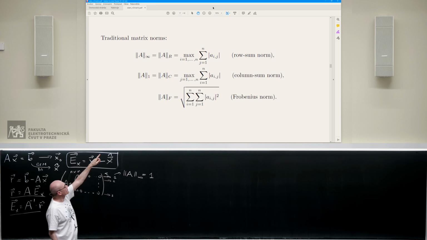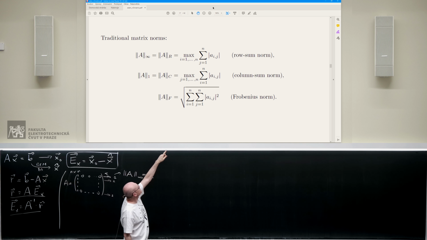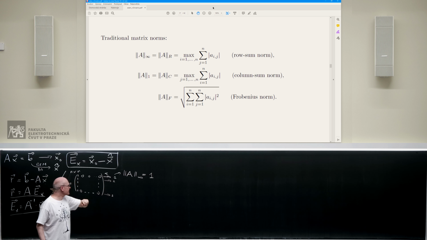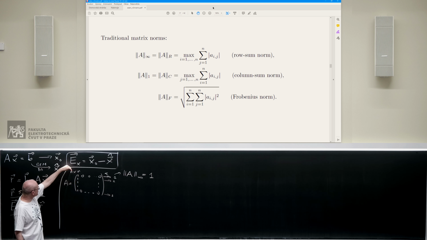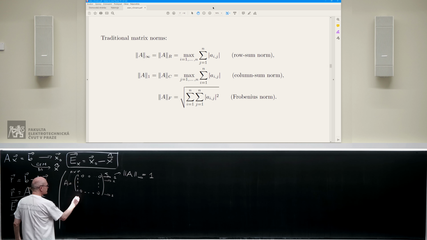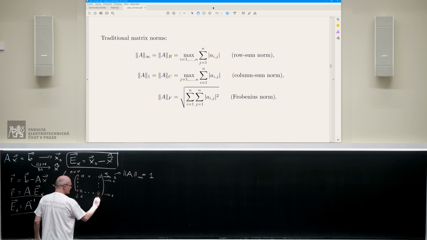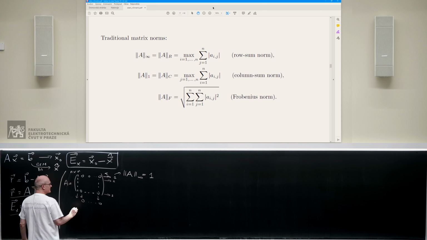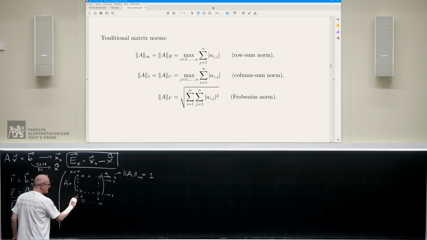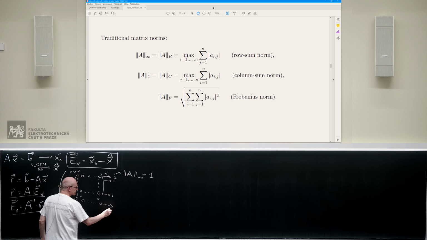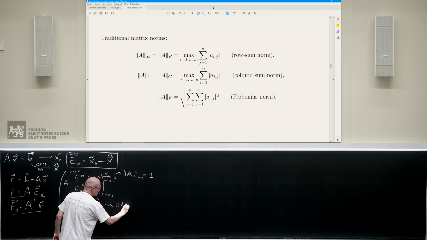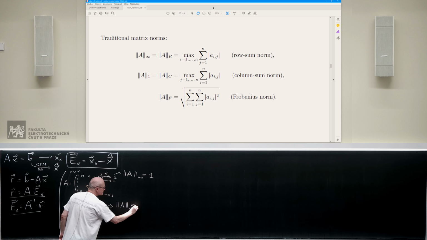The column sum norm does exactly the same business, but notice that I'm summing up with respect to i, which means with respect to the row index. I'm going down when I'm summing up. So I sum up all the columns, and they are almost all equal to 0, those summations, but the first summation is n. And then I take the largest, and I find that the 1 norm is equal to n.